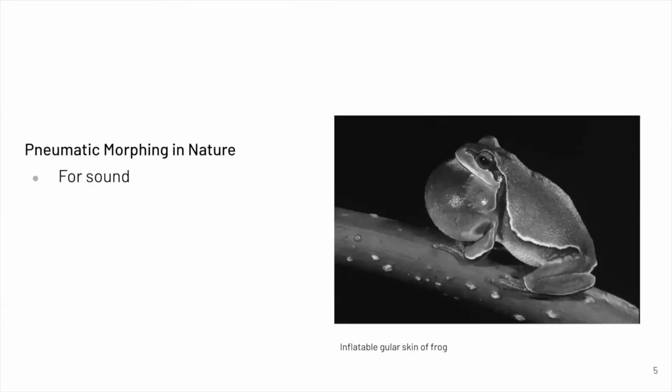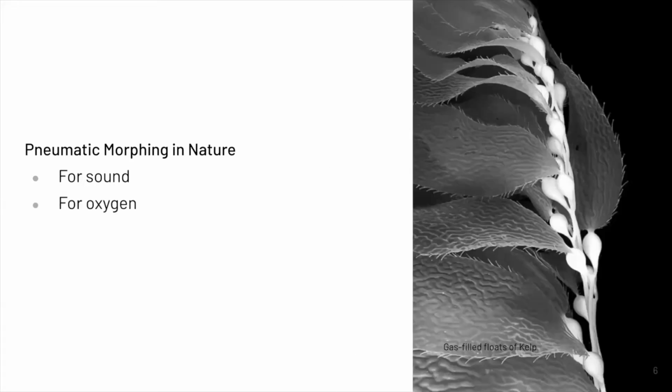And there are many pneumatic morphing examples in our daily life, such as in nature, in living organisms. Frogs use this, and some birds as well, to generate sound by basically inflating and deflating an air bladder that's grown on their body. They can attract mates. They can also be used in nature for positioning themselves.